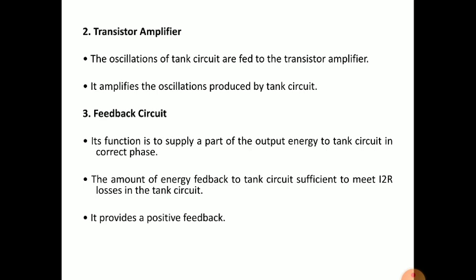If we apply the DC source once, by opening this tank circuit and applying the DC source to this tank circuit, then the capacitor will charge to its full capacity.